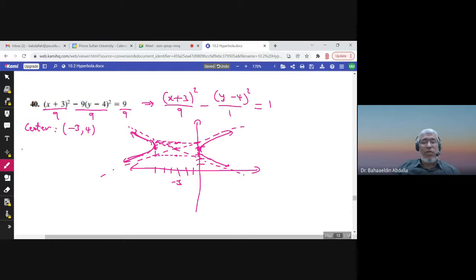As usual, equations of the asymptotes: y minus 4 would be equal to plus or minus, I have 1 here, and square root of 9 is 3, (x plus 3). The foci, negative 3, 4. I will go right and left because this is the transverse axis. I add c to negative 3. Well, 9 plus 1 is 10. So c is square root of 10. So these are the coordinates of the foci.